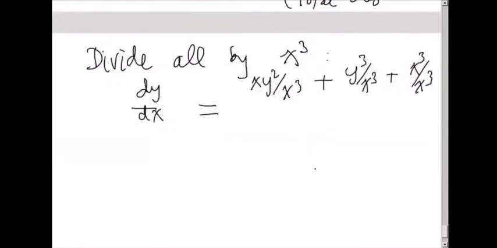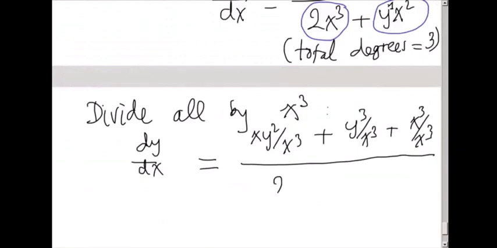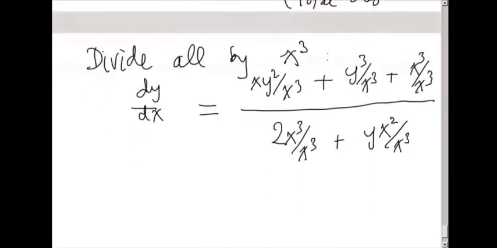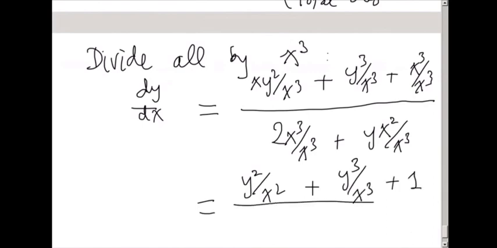We need to do the same in the denominator as well: 2x cubed divided by x cubed, and then yx squared divided by x cubed. Simplify things. We have y squared over x squared, and then y cubed over x cubed plus 1. Denominator, we have 2 plus y over x.